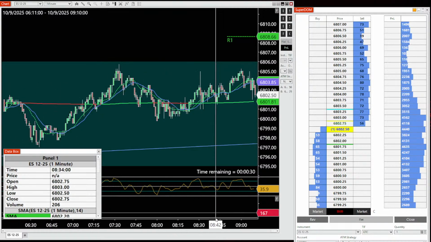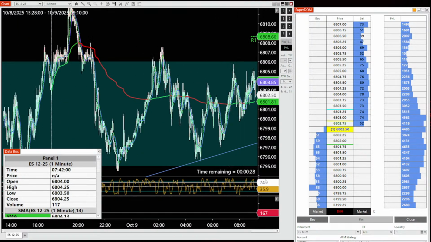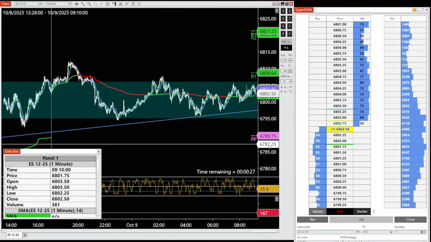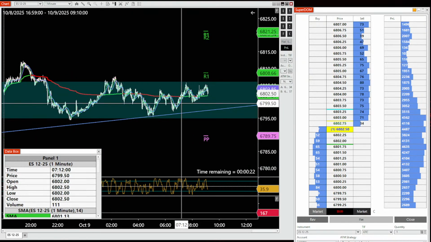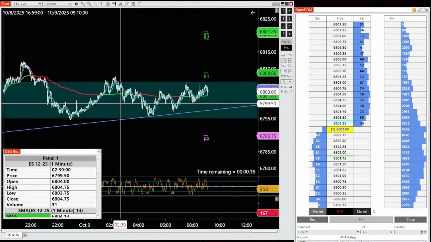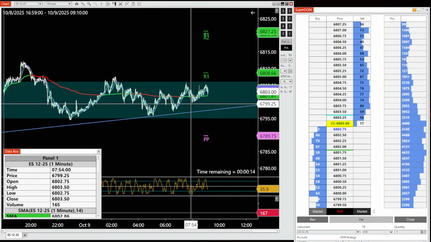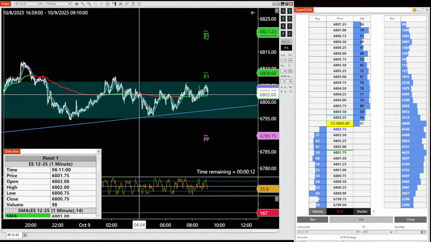Just the 1 minute chart. So we got here, which we know 6,800 is that support level. We may go over and under. We've been chopping over and under VWAP.